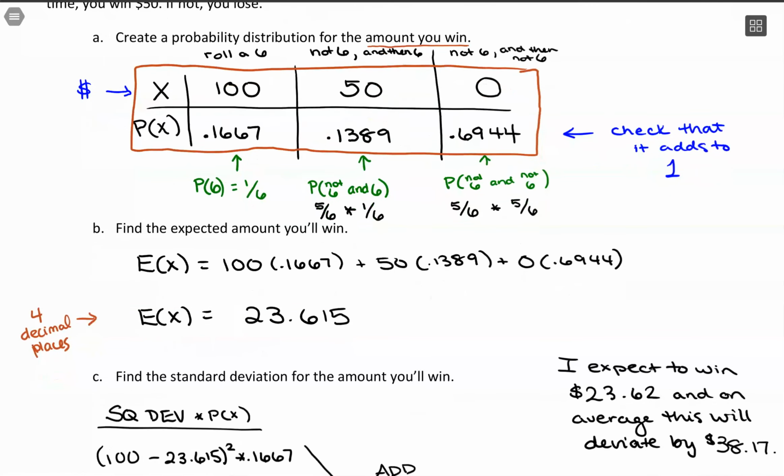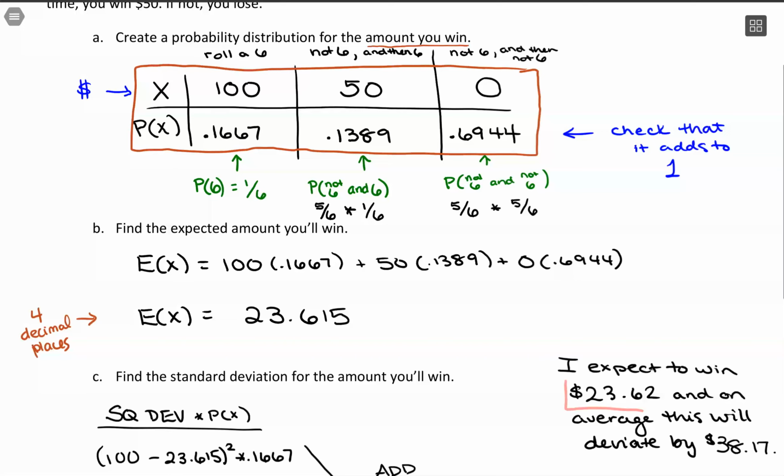Now, a common question at this point is saying, like, I expect to win $23.62 from this game. I feel like it doesn't make sense because, well, you can only win $150 or $0. But this is the idea of playing over a long period of time. So this is where the casinos or game designers would come in with the idea of, okay, if people are playing this long run for a long period of time, how much do we expect each of them to walk away with?